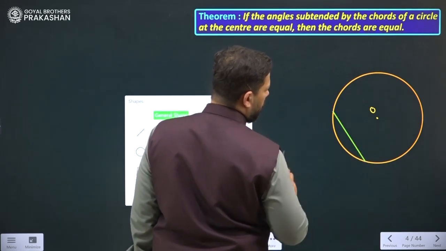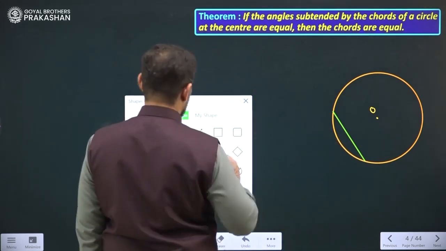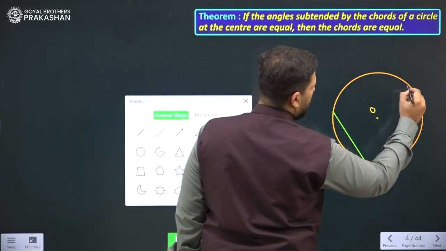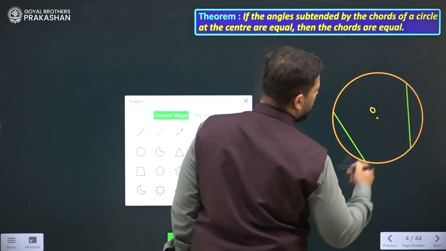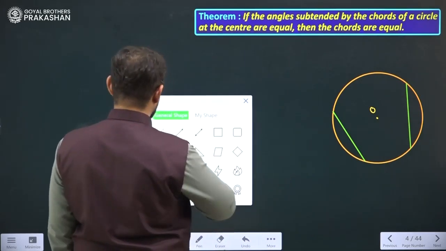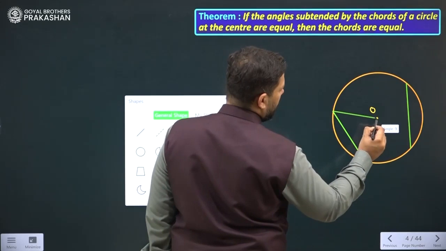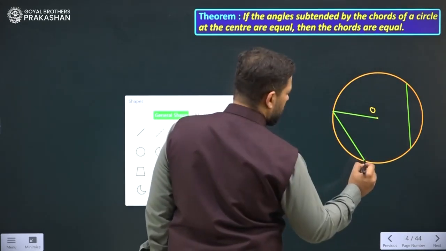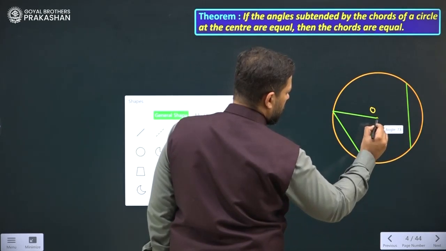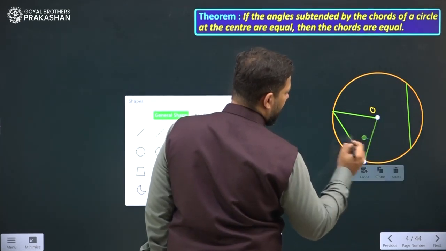Right, so this is the chord and we have one more chord. So this chord and this chord, these two chords are subtending equal angles at the center. So let us subtend the angles at the center. Right, so this angle is subtended by this chord.